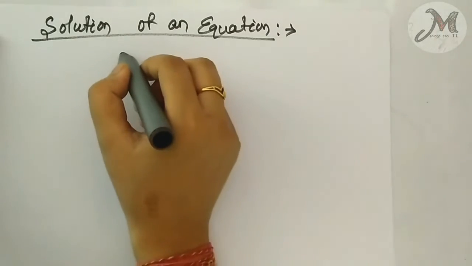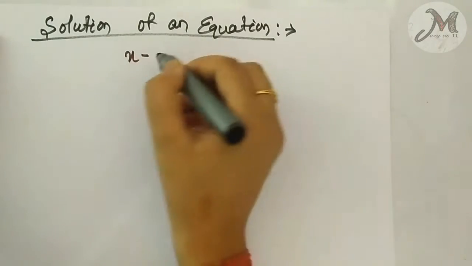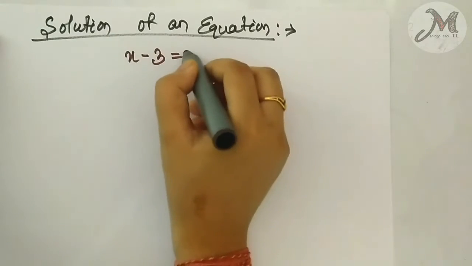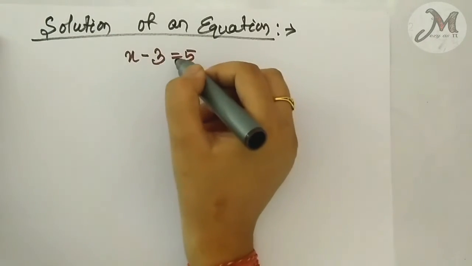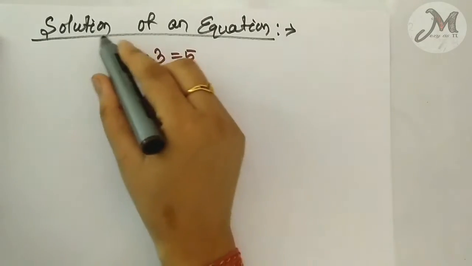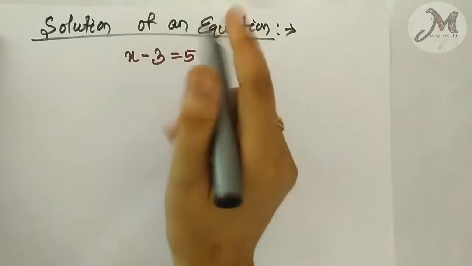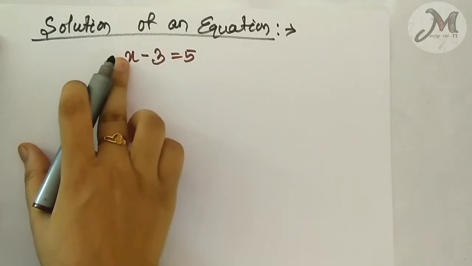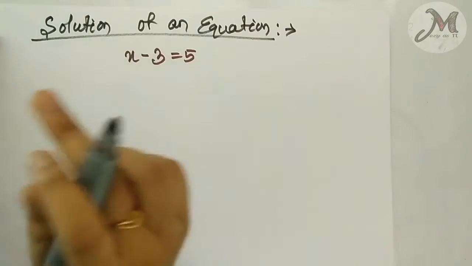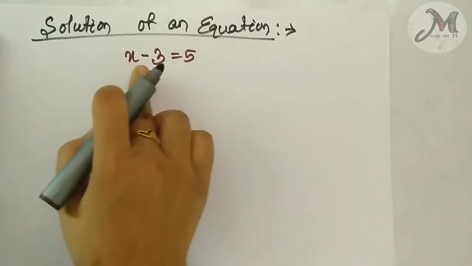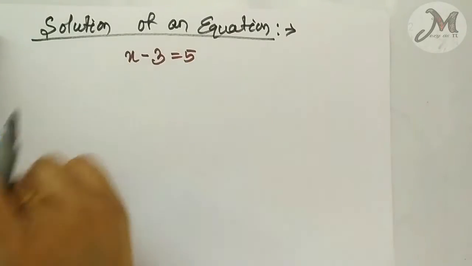For example, suppose x minus 3 is equal to 5. This is an equation, right? Because this involves an equality sign. So what is the solution of the equation? That means we have to find the value of the variable. Here the variable is x, for which the LHS part is equal to the RHS part.